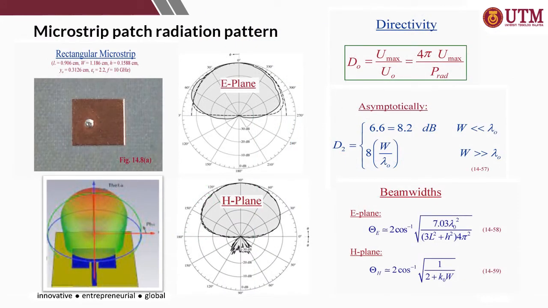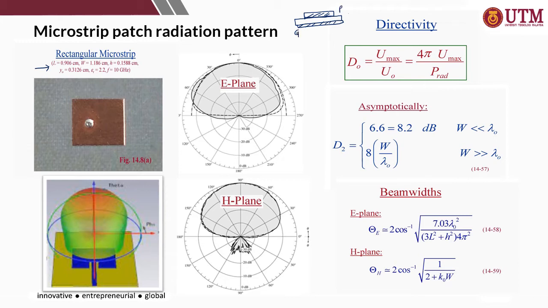Okay, let's look at how the radiation pattern of microstrip patch looks like. So this is from the previous example with the parameters given. So we know that the patch antenna, you have the conductor on top, and then we have the substrate, and it is backed by metal ground plane.